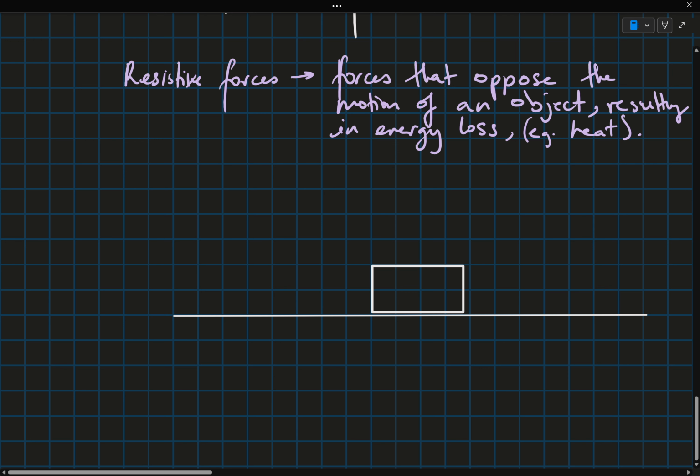We stated before that based on the object moving along a surface, we're going to have a resistive force, friction, F. So we have some resistance F.